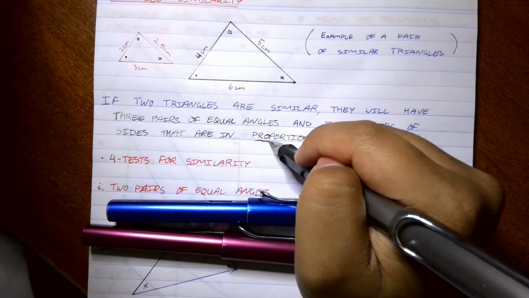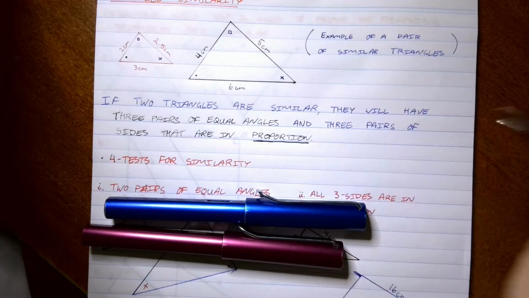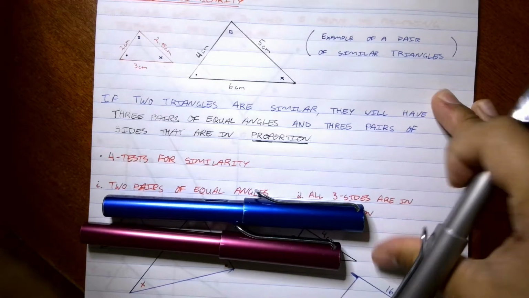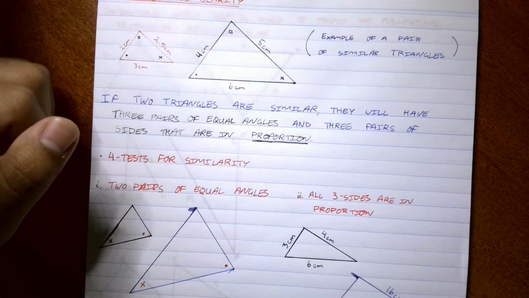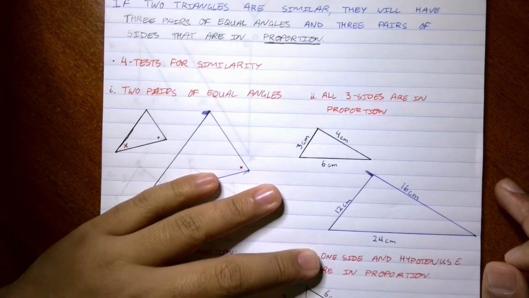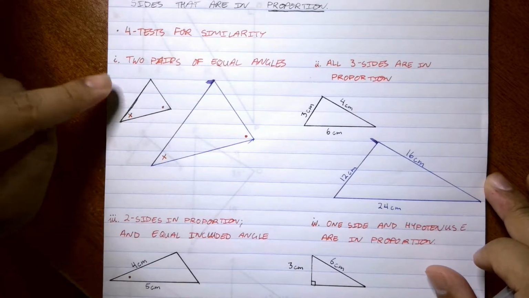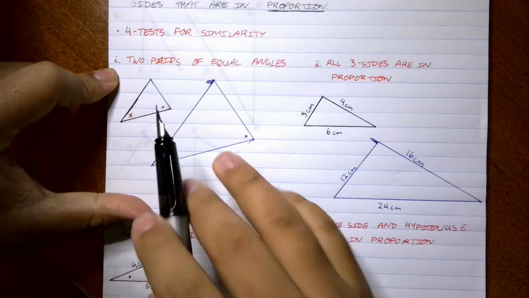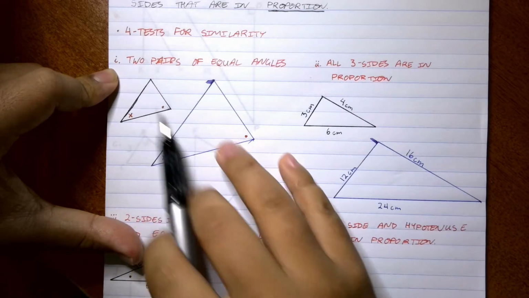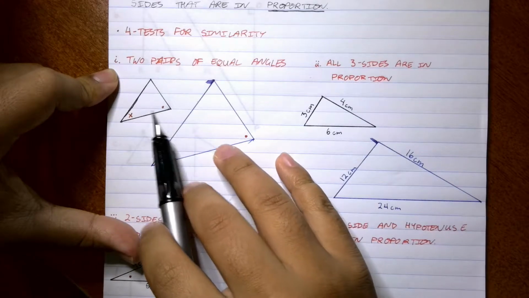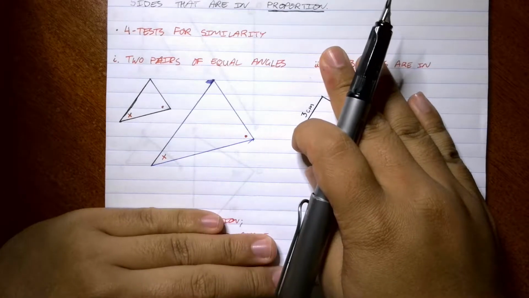I'd like to underline this because we are going to go more in depth as to what this means in similar triangles. Now, there are four tests, much like in congruency, for triangle similarity. The first one is, if we can find that two pairs of angles in each triangle are the same, then the two triangles will be similar.